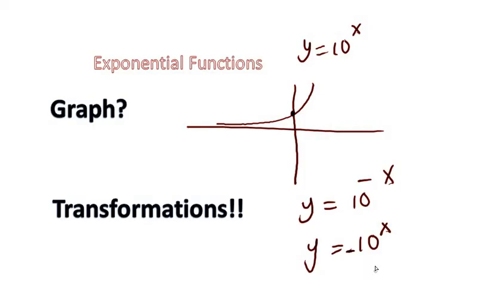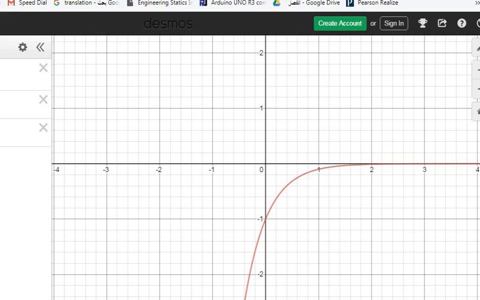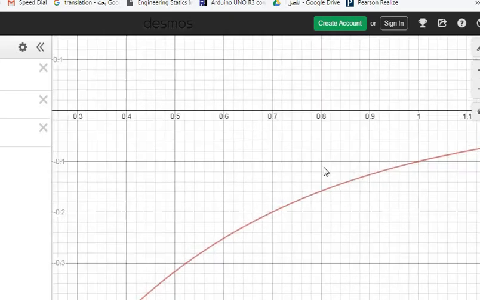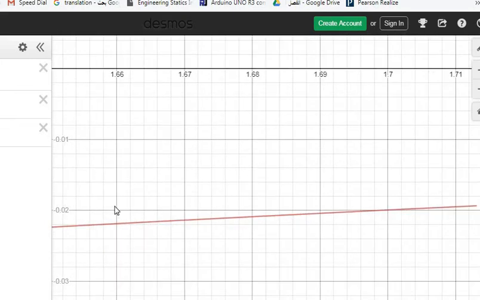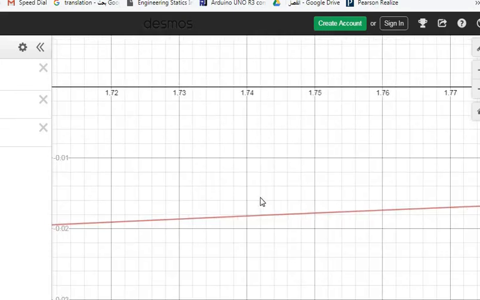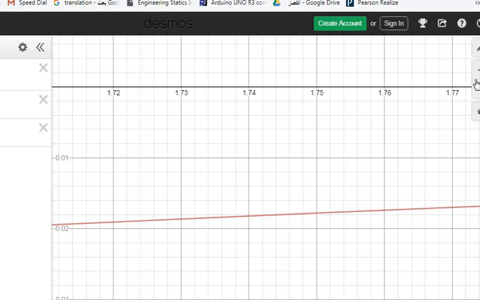Now let's see the graph of y equals negative 10 to the power of negative x. This is the graph of negative 10 to the power of negative x. It is reflected in the x-axis and in the y-axis. Again, here it approaches 0, but it does not intersect the x-axis at any point.